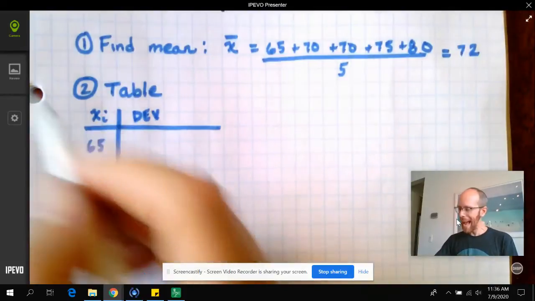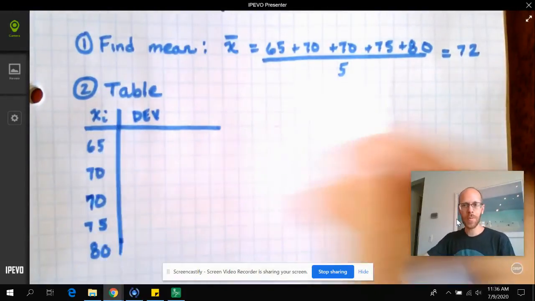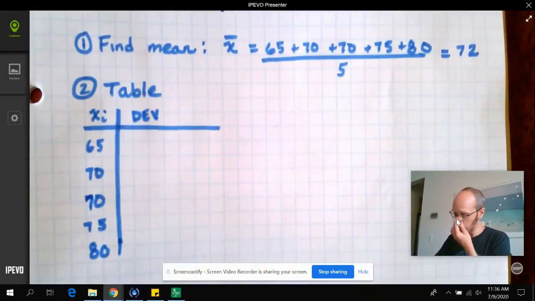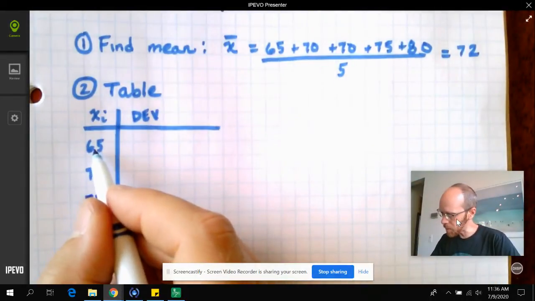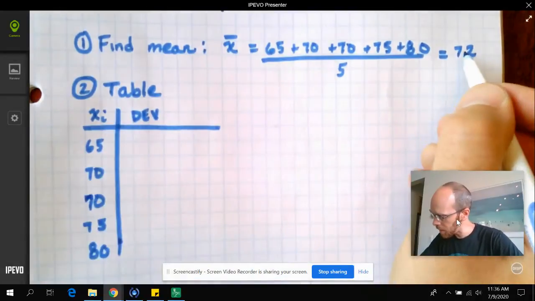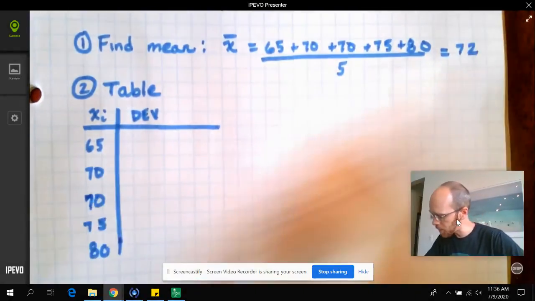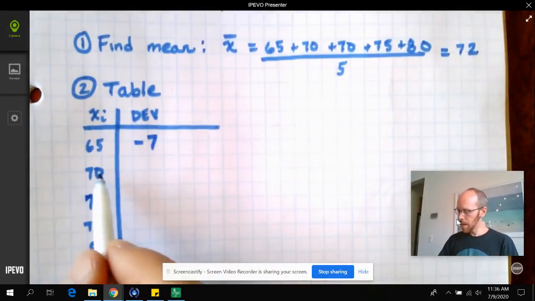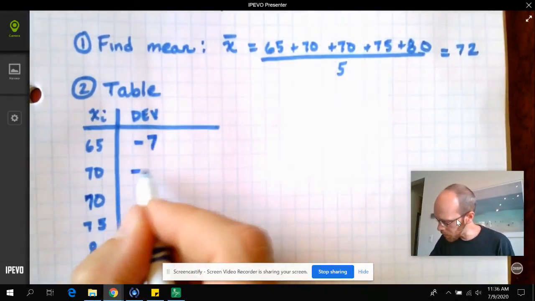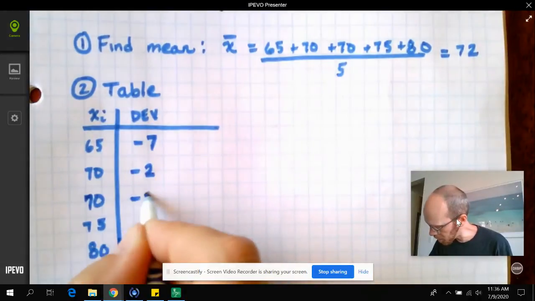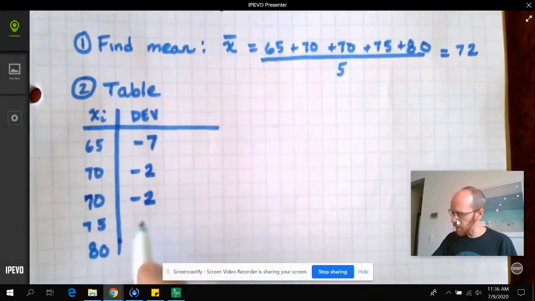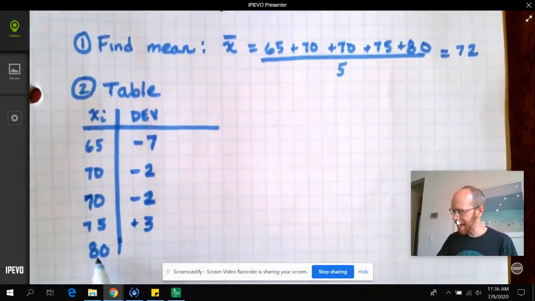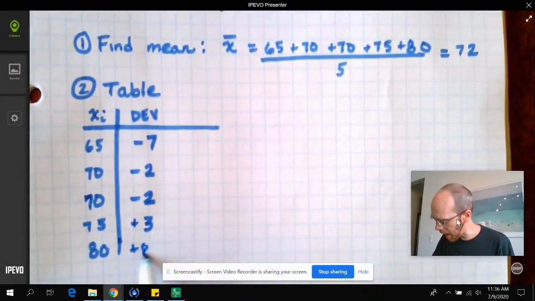So in other words, how far away are these numbers from 72, and are they above or below? So 65 is 1, 2, 3, 4, 5, 6, 7 beats per minute below 72. So I'm going to call this -7. 70 is 2 below. 75 is 3 above, and 80 would be 8 above.